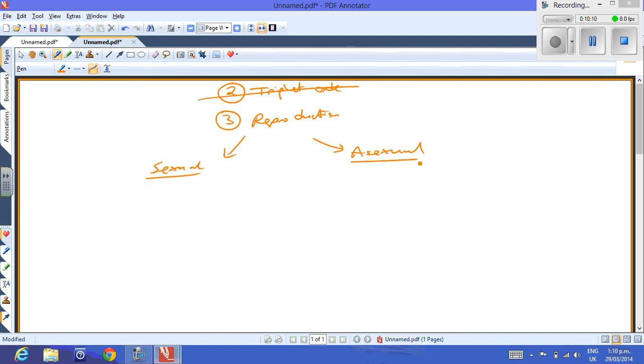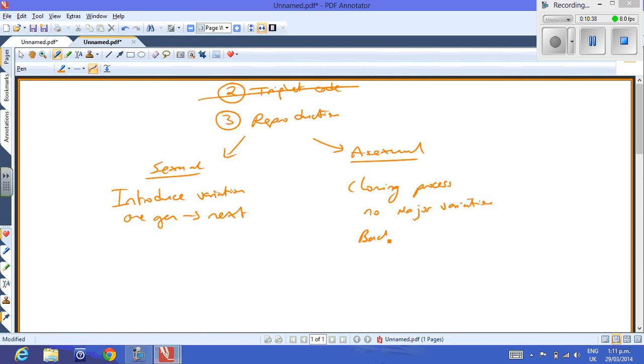Advantages of sexual reproduction. The main advantage is that you have introduced variation, lots of variation from one generation to the next. Whereas with asexual reproduction, you're essentially cloning yourself, and therefore there's no major variation from generation to generation. This happens in bacteria.